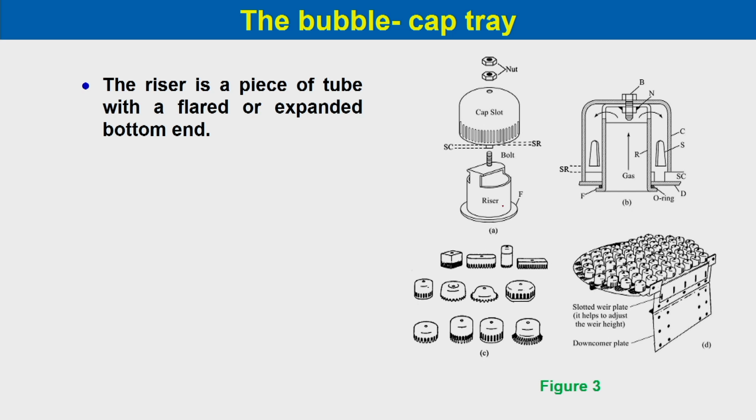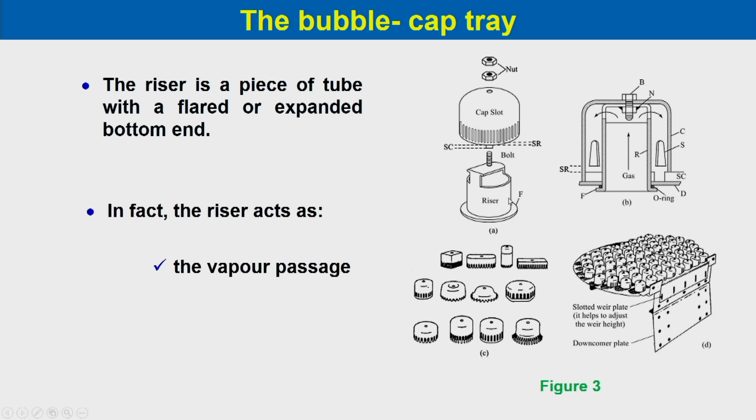The riser is a piece of tube with a flared or expanded bottom end. So, you can see here, the bottom is a little expanded or flared. It is a tube-like arrangement, and the riser acts as the vapor passage and holds the cap.